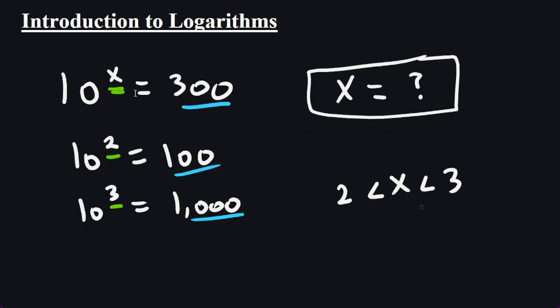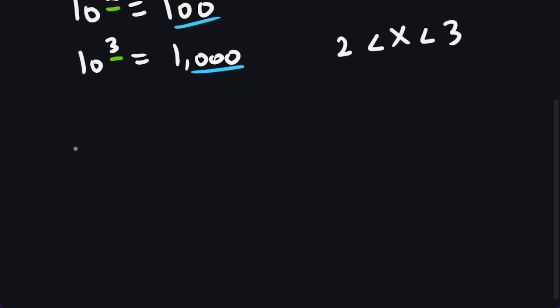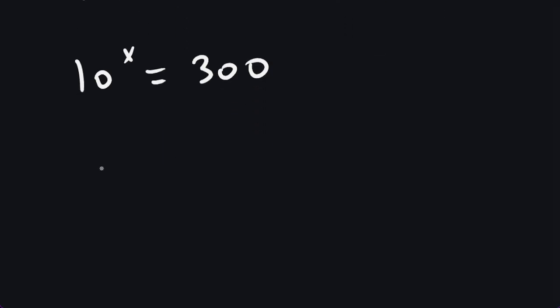So a logarithm will help us solve this exponential equation. Let me rewrite the equation down here: 10 to the power of x equals 300. And we are going to rewrite this using logarithms. Logarithms are written as log, and we're taking the base of the exponential equation.